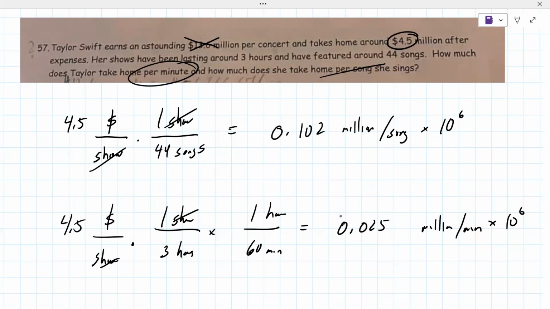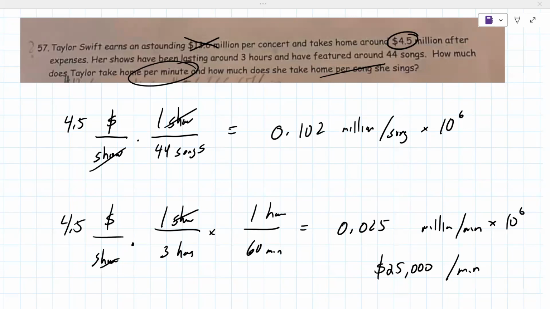Oh, okay. What is that, like some million, I think? Yeah, well, it's a lot. If you multiply by 10 to the 6 here, let me do that for you. It's 25,000 per minute. And then this other one, it's a big number. Times 10 to the 6th.